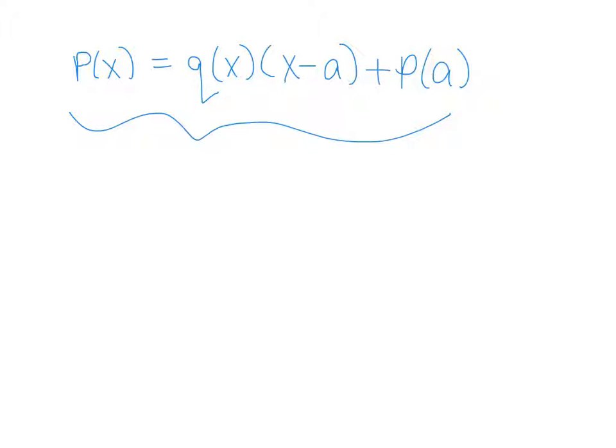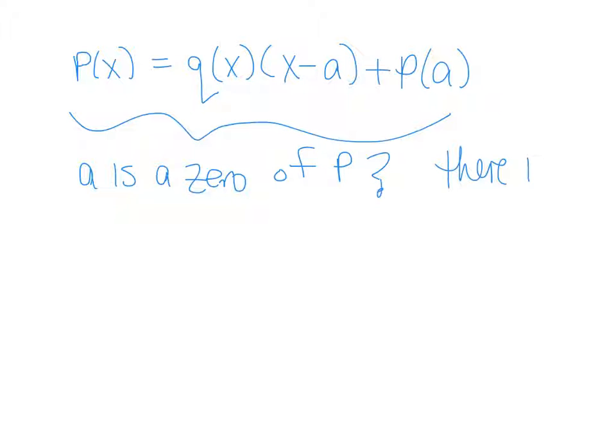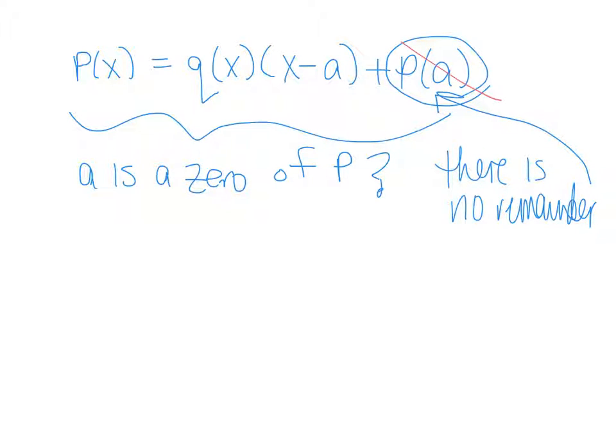Okay, but what does it mean if a is a 0 of p? Okay, that means that there is no remainder. That means that this is in fact 0. If a is a 0 of p, then there is no remainder. That last term right here is actually 0.